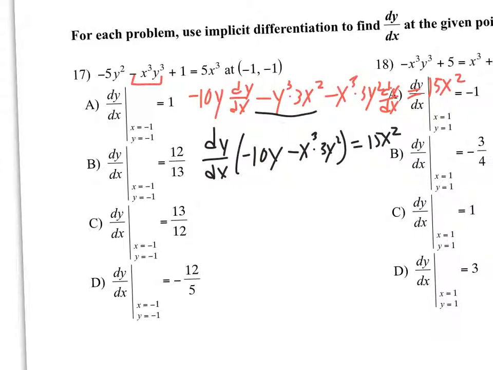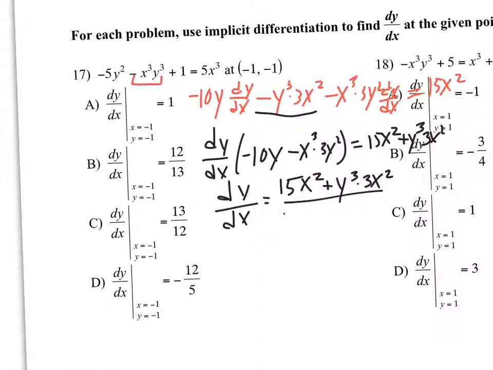I'm going to move this over, so that'd be plus y cubed times 3x squared. And then I divide. So dy/dx is equal to 15x squared plus y cubed times 3x squared, divided by negative 10y minus x cubed times 3y squared.